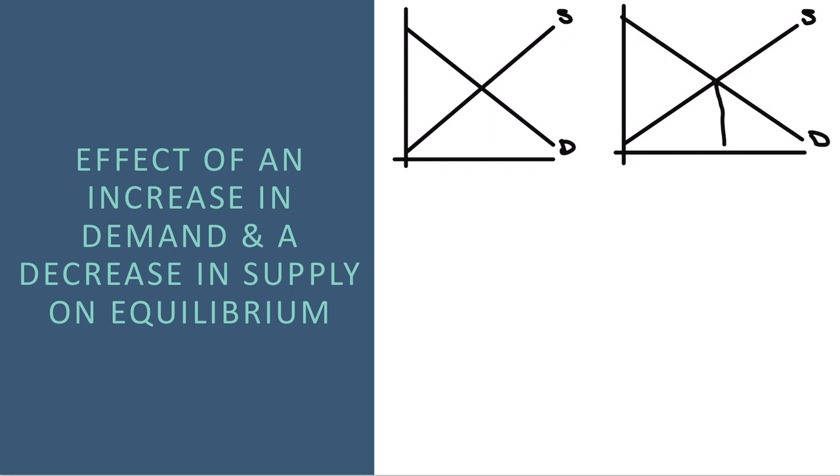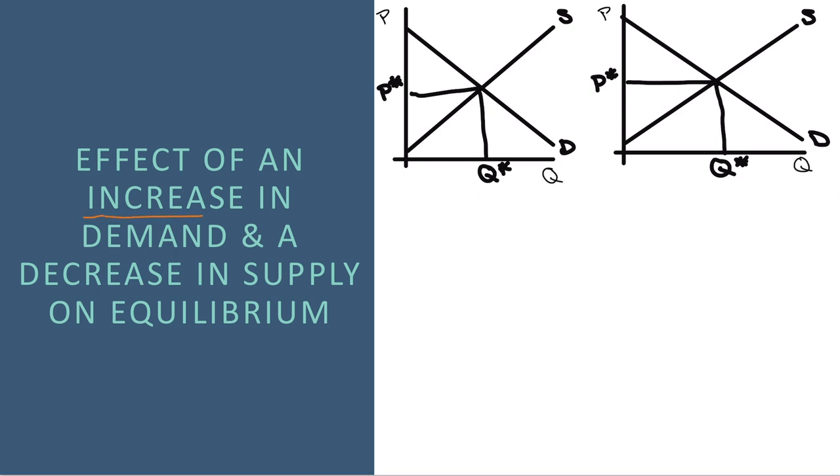We care about where they cross because that gives us our P star and our Q star. And P star and Q star are just representing our equilibrium point. On our y-axis is always price. On our x-axis is always quantity.